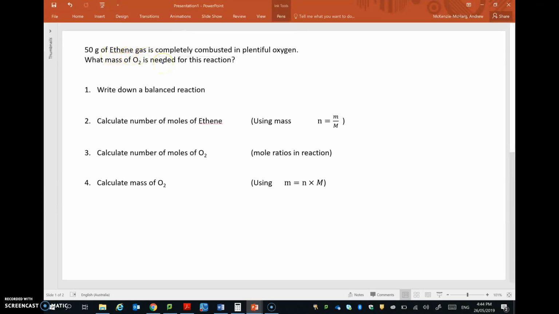Ethene is C2H4. In a combustion reaction, it will react with oxygen, and because we have plentiful oxygen and it's complete combustion, that means CO2 and H2O are produced. Now, if you hadn't gotten that far, maybe you want to pause the video and try balancing this one yourself, then I'll do it.